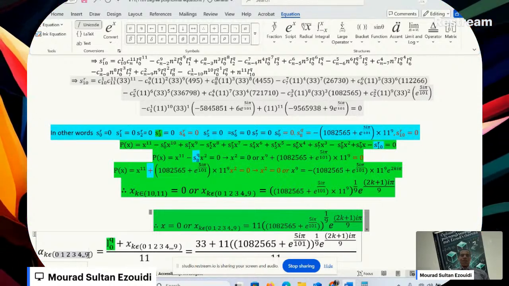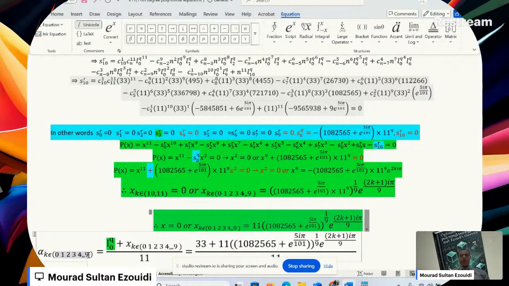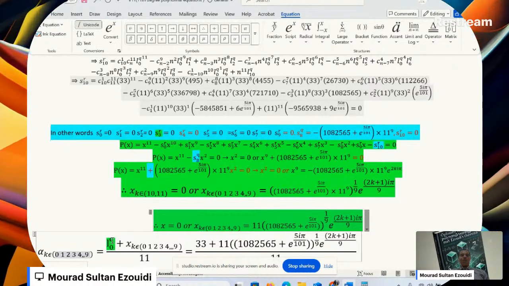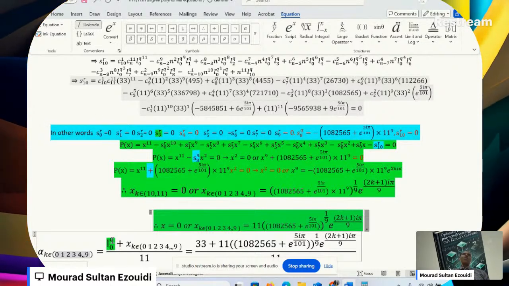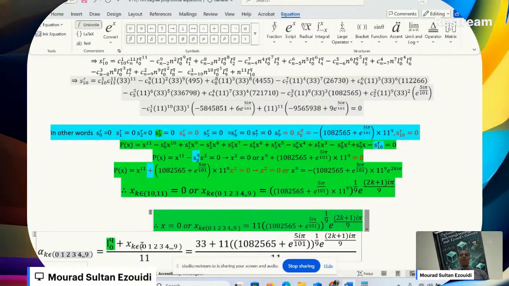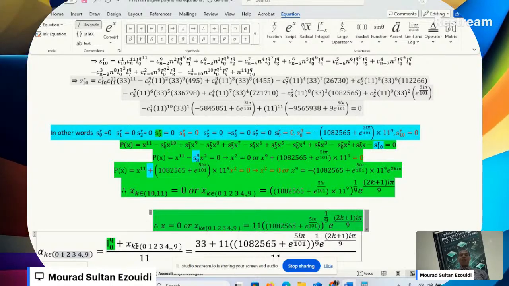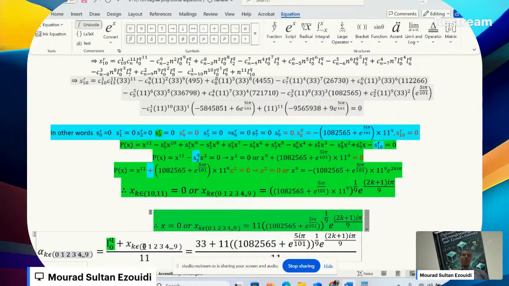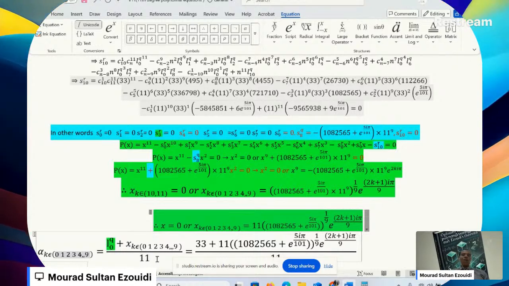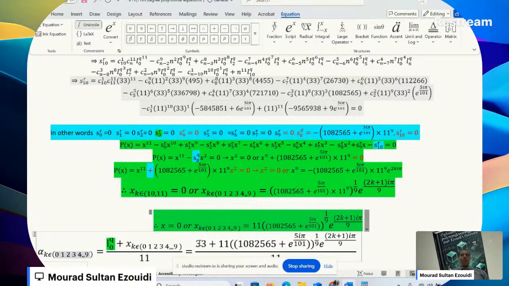Because different roots here. So it will be the sum of the roots of the original 11 degree equation plus the x roots of the new 11 degree equation that correspond to the original 11 degree equation, all divided by the highest power, which is 11.